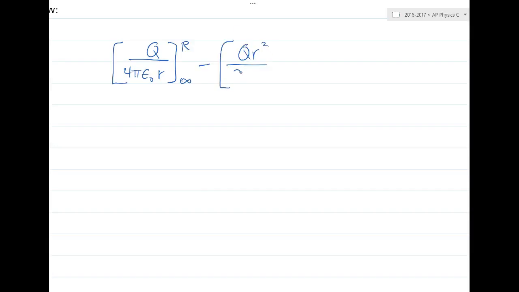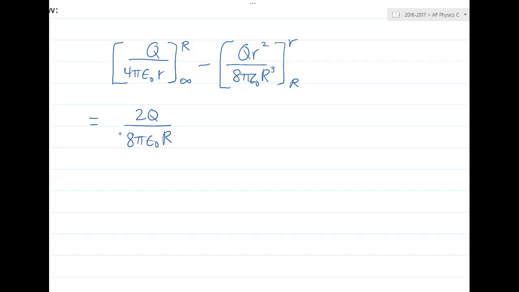And so just to remind you what we had, we're evaluating Q over 4 pi epsilon naught R from infinity to big R, and we're subtracting from that Q r squared over 8 pi epsilon naught big R cubed evaluated from big R to little r. Okay, and we don't really care anymore about the limits. So that's going to turn into, essentially for this first term, 2Q over 8 pi epsilon naught big R. Okay, the infinity term will go away.